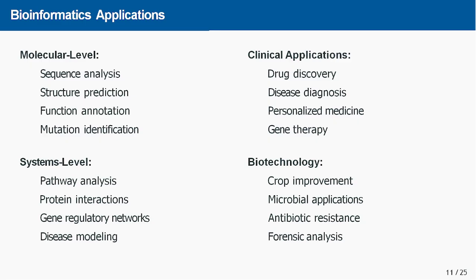Then we have system level applications like pathway analysis, protein interactions, and gene regulatory networks, showing how gene expression regulates behavior from generation to generation. Then disease modeling. Disease modeling means observing this information from different generations.